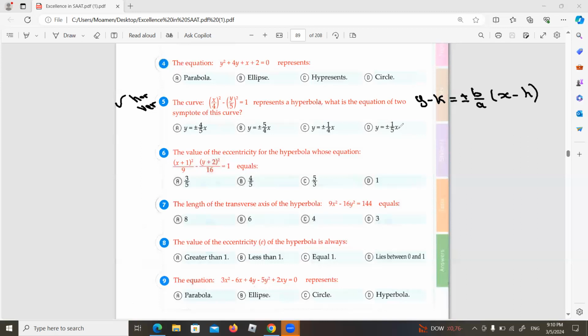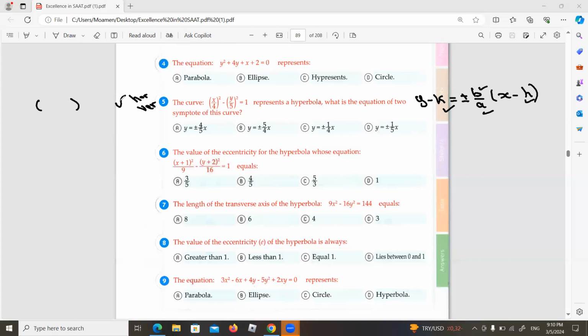Okay, Mister. So I need to find the value of k, a, b, and h. I will start with h and k. What is the value of h and k in this equation?